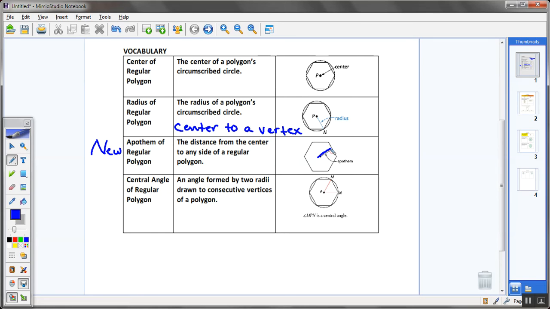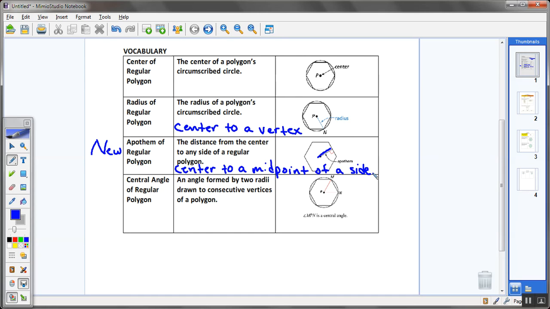What angles form down here according to this? Basically, it's from the center to a midpoint of a side.